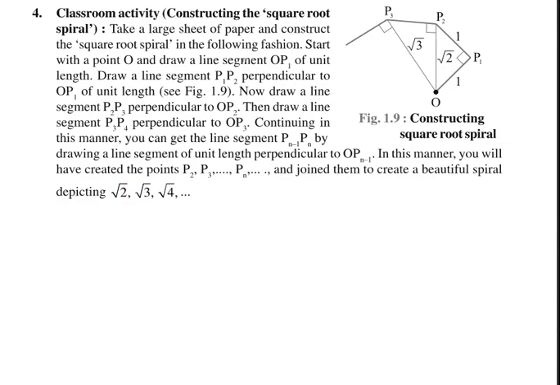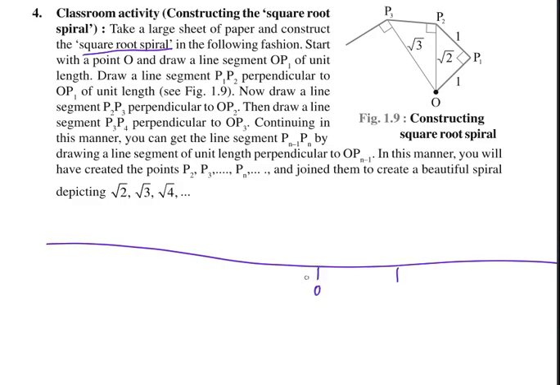In this fourth question, we can complete the square root spiral. How to complete this square root spiral? For this we take a number line, mark point 0, the origin, and 1, 2.